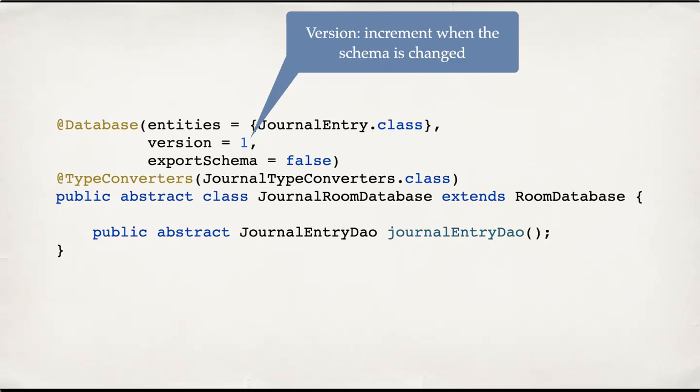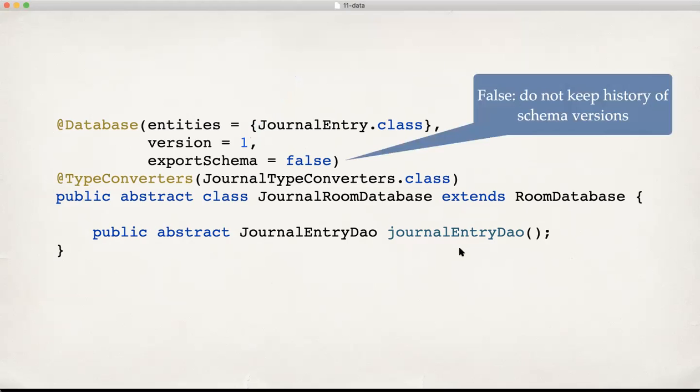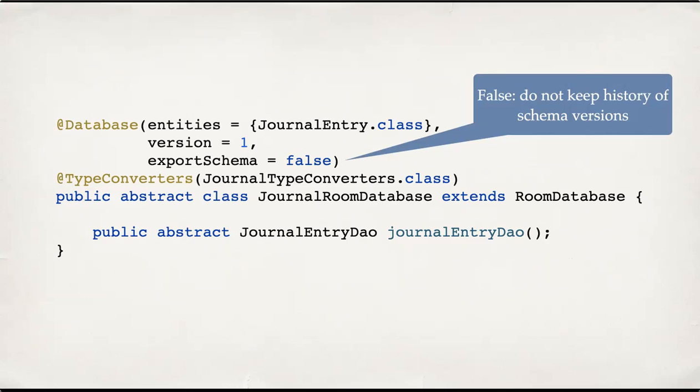The exportSchema attribute is also related to the same thing. It's false, indicating we do not want to keep history of several schema versions. Again, not really meaningful for our simple app right now, but for a more complex app with sensitive data, you may want to keep it.